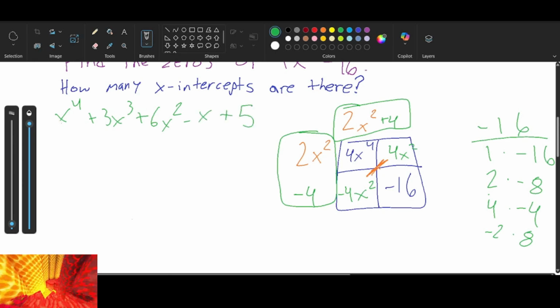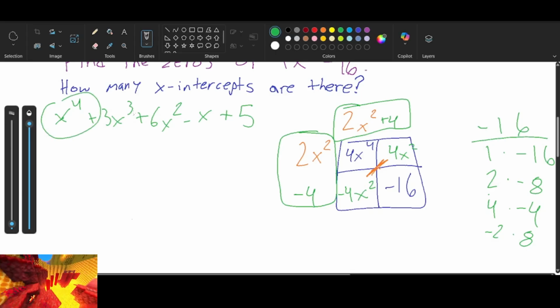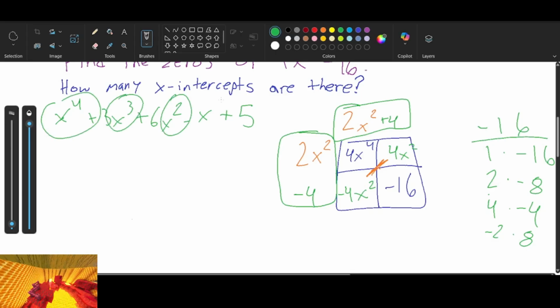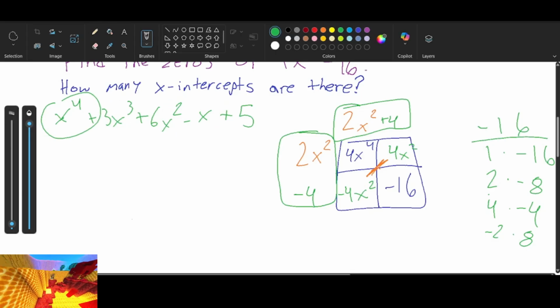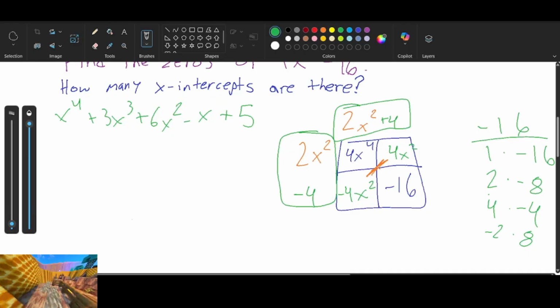Like, this has all of our exponents, right? It has a fourth, it has a third, it has a squared, it has an x, and it has a number. It's not always going to be the case that we have to do all that.